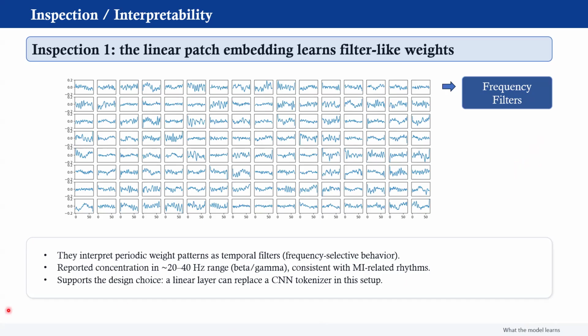The weight matrix of the linear embedding, if you recall from the earlier slides, was D model times D. So in this figure, they have shown a total of D model number of plots. D model was selected to be 2 times D, which was 64. So these are 128 plots, and each plot goes from 0 to 63, so it's 64 samples.